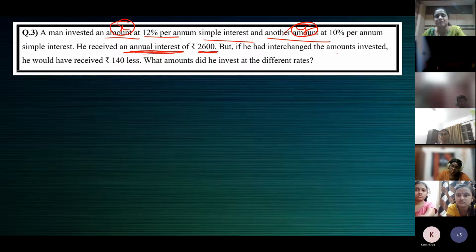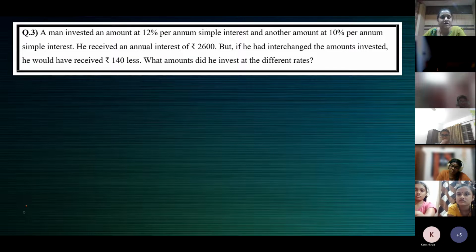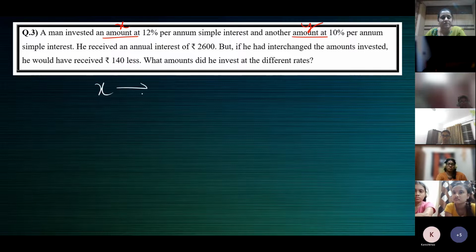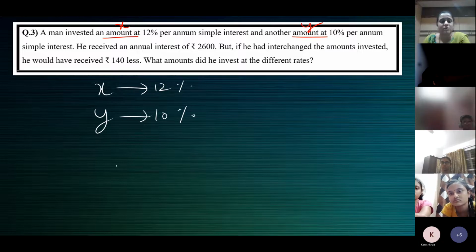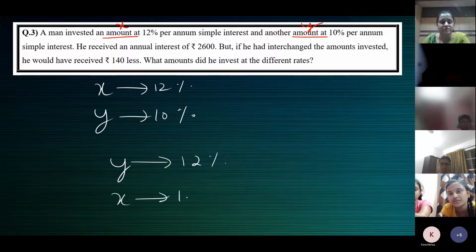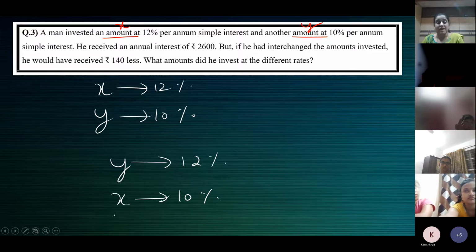But if he had interchanged the amounts invested, so that means this one he had invested at 12%, and this one he had invested at 10%. First it was X at 12% and Y at 10%. Had he interchanged the amounts invested, that is Y at 12% and X at 10%, he would have received rupees 140 less as annual interest.